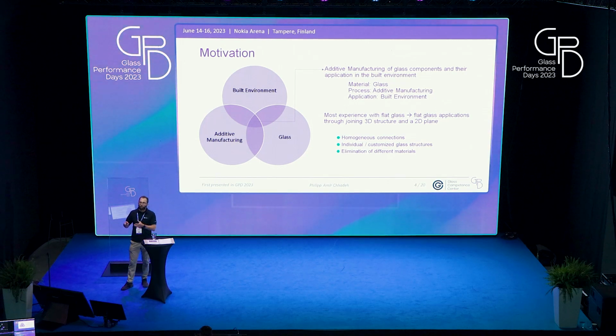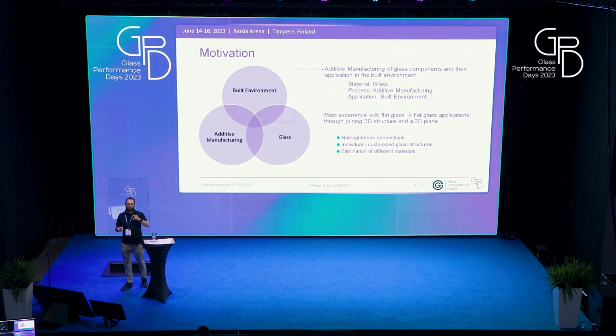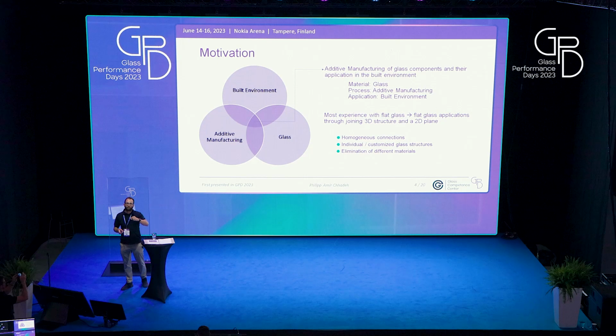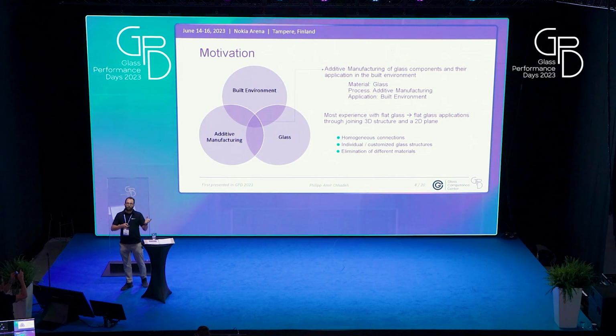This excludes many processes. There are laser sintering processes of powders where you can produce very small-scale objects. This is not what we're looking for. We are looking for glass to be printed onto glass.